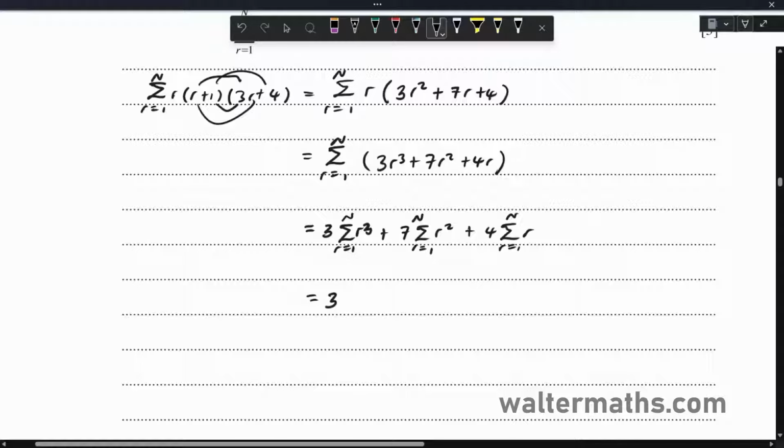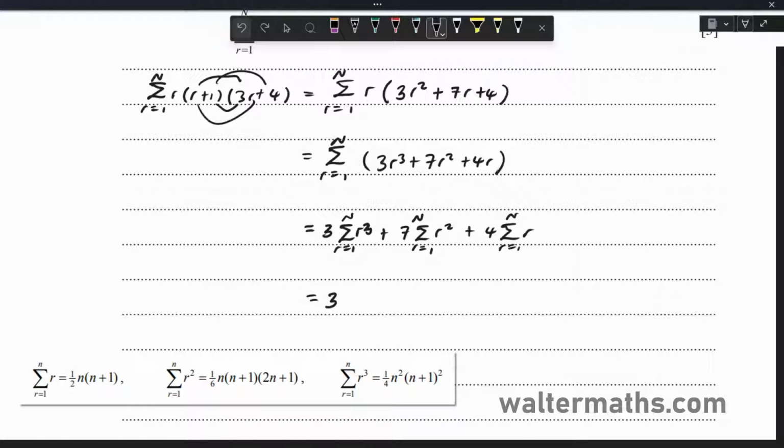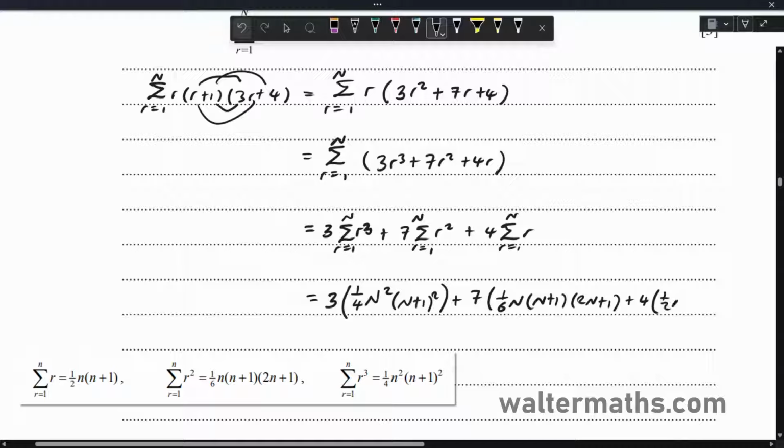Now, for sum of terms of the form r cubed, we have it from MF19 as being a quarter of n squared of n plus 1 squared, and that's plus 7 of the sum of squares, which is a sixth of n plus 1 of 2n plus 1, and that's plus 4 of half n of n plus 1.